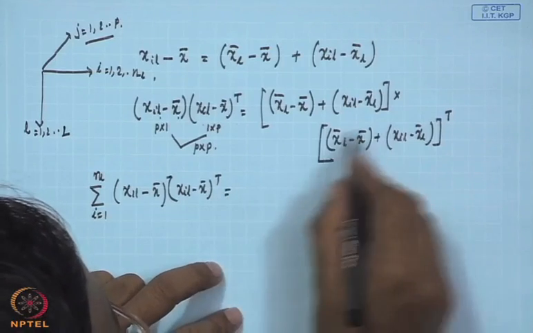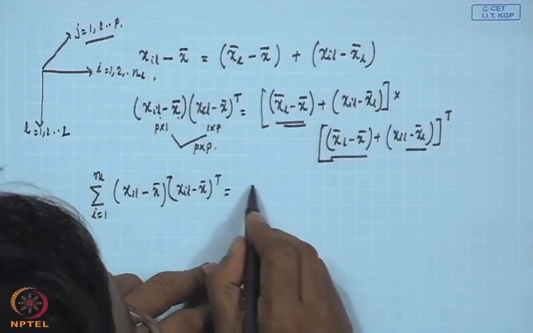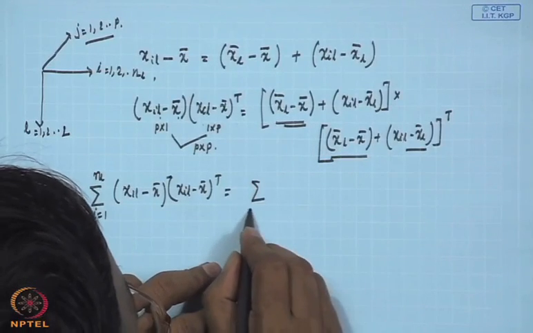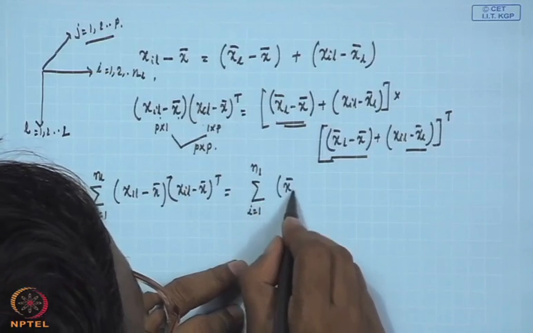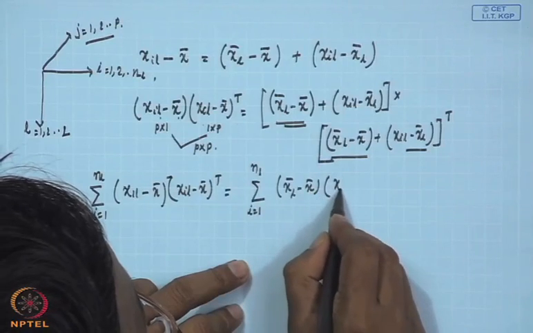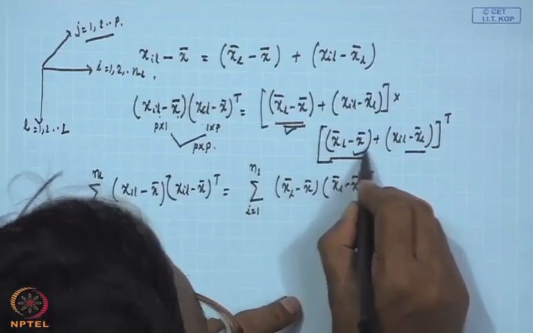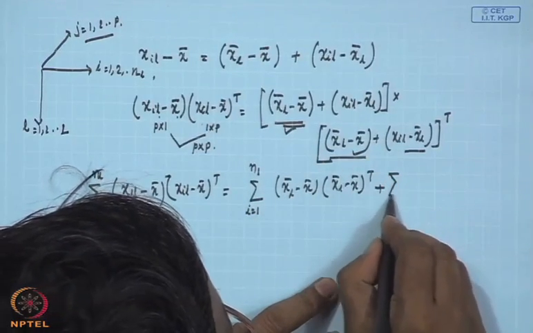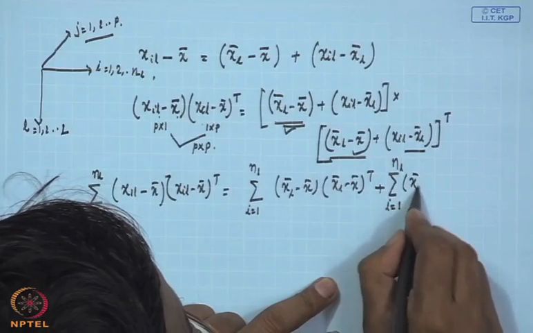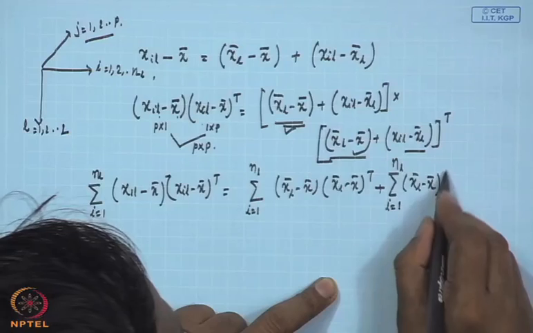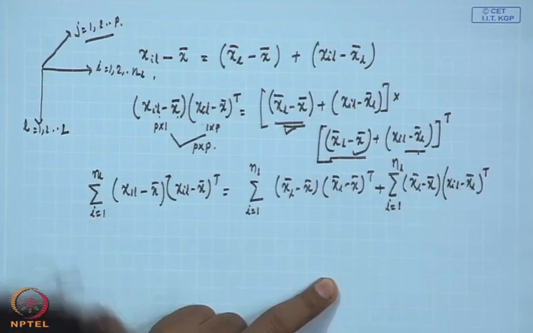If you multiply this into this, we get the first term: XL bar minus x bar into XL bar minus x bar transpose, plus the sum over I equal to 1 to n L of XL bar minus x bar into XIL minus XL bar transpose.